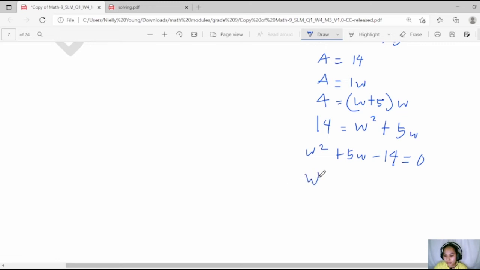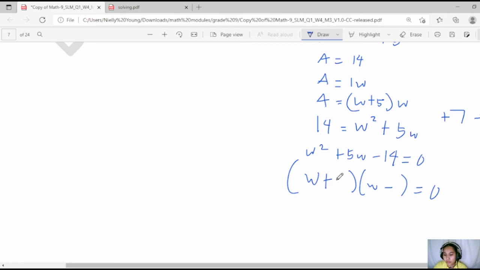Okay, let us try the factoring method. So the factors of negative 14 are 7 and 2. Since that is negative, their signs are different, so positive and negative. The greater number should be positive. Since 7 is greater than 2, this is positive and this is negative.